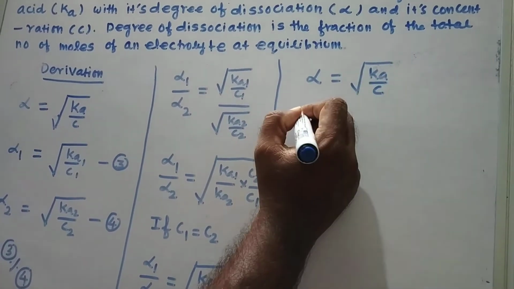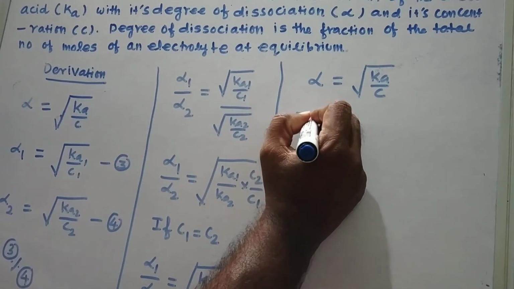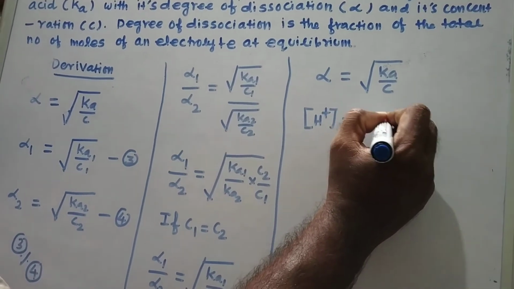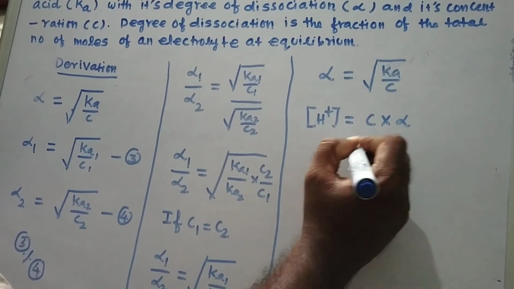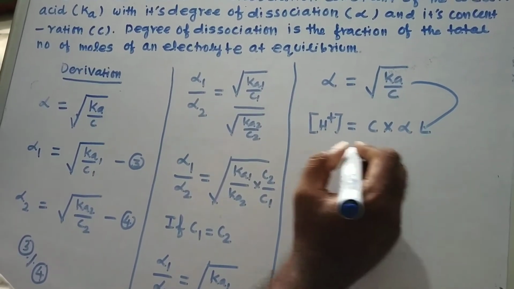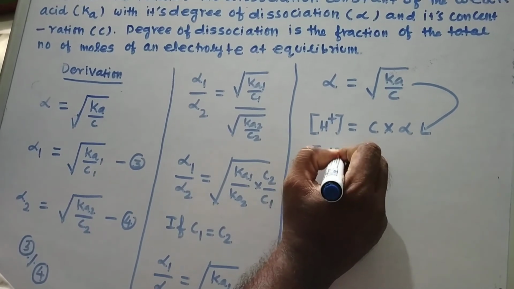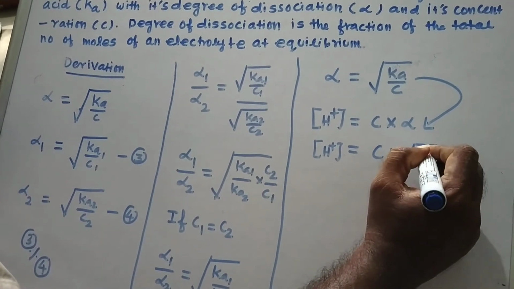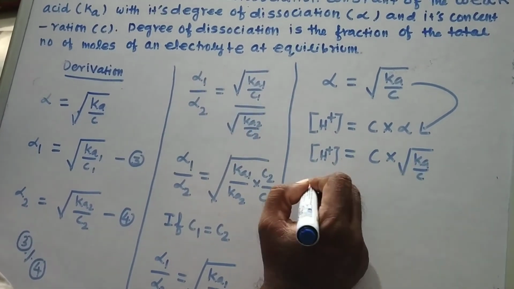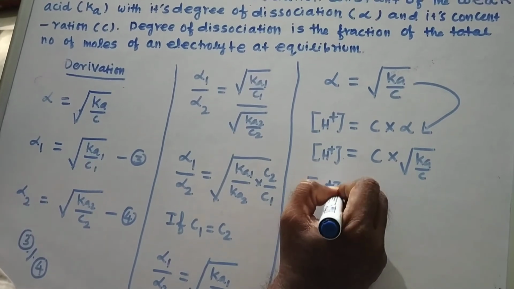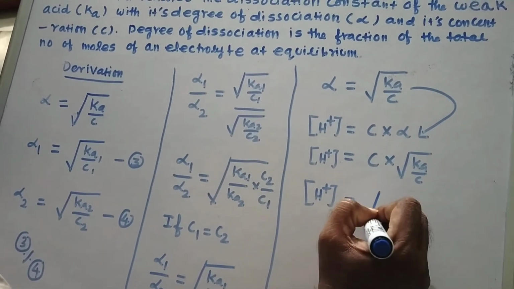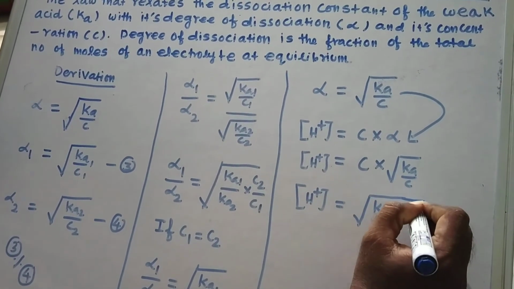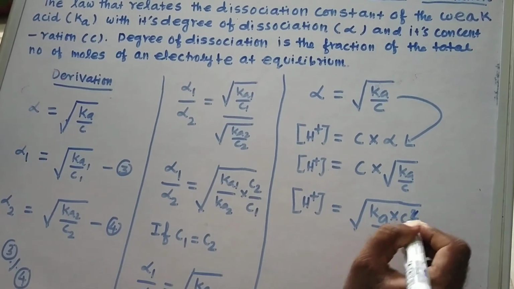It's well known that concentration of H plus ion is equal to the product of concentration into alpha. Now substitute the value of alpha in this equation. Then concentration of the H plus ion is equal to C into square root of Ka by C. Then concentration of H plus ion is equal to square root of Ka into C squared by C. C cancel each other.